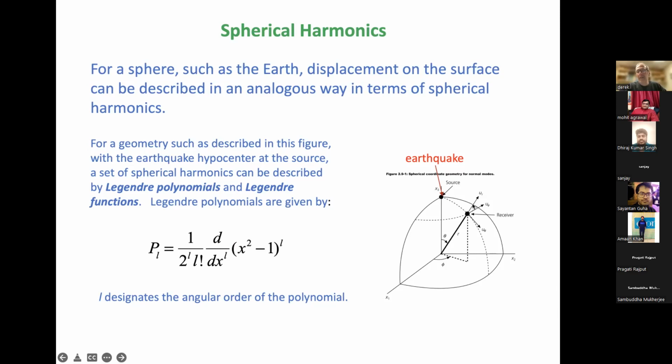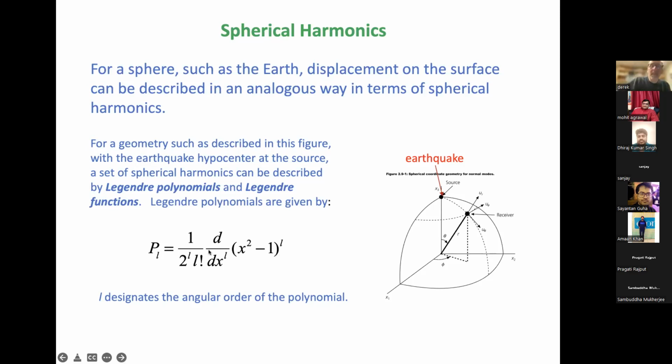And we will talk about displacements in terms of u sub r, which is the up and down displacement, u sub phi, which is a longitudinal displacement, and u sub theta, which is a latitudinal displacement, assuming that the source is at the North Pole. So it's not true latitude, but it's actually a co-latitude. So it's 0 at the source and 90 at the equator if the source is at the North Pole.